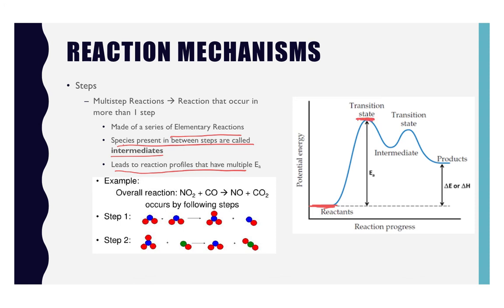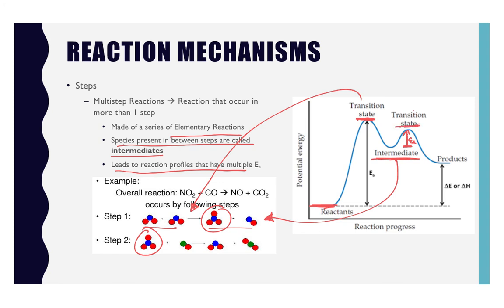So this is whatever is happening in between the reactants and the products there. Then we have our intermediate. Our intermediate would be that, specifically the NO3. Then we would have another transition state, so a second activation energy right there.